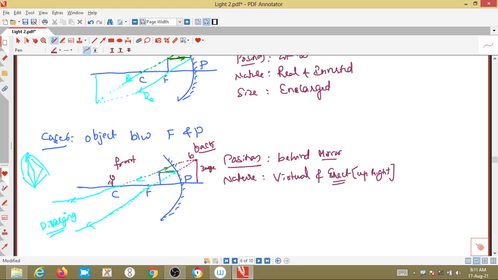If a person is standing between F and P, here also you will get the image in a standing position only, not in an inverted position. Understood? Then how is the size? The size has been enlarged. These are the 6 different cases for a concave mirror.